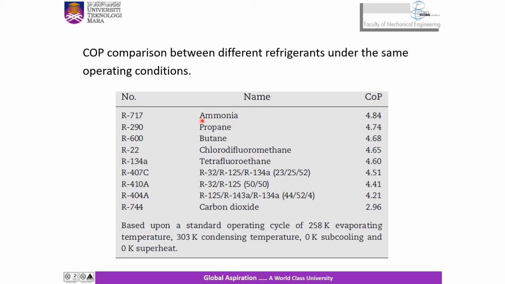But for industries, if they can place the refrigeration cycle outside of their premises, then ammonia is the preferred refrigerant because it has the highest COP. This is followed by propane, butane, chlorodifluoromethane, tetrafluoroethane, and so on, right up to carbon dioxide, which has a COP of almost 2.96.